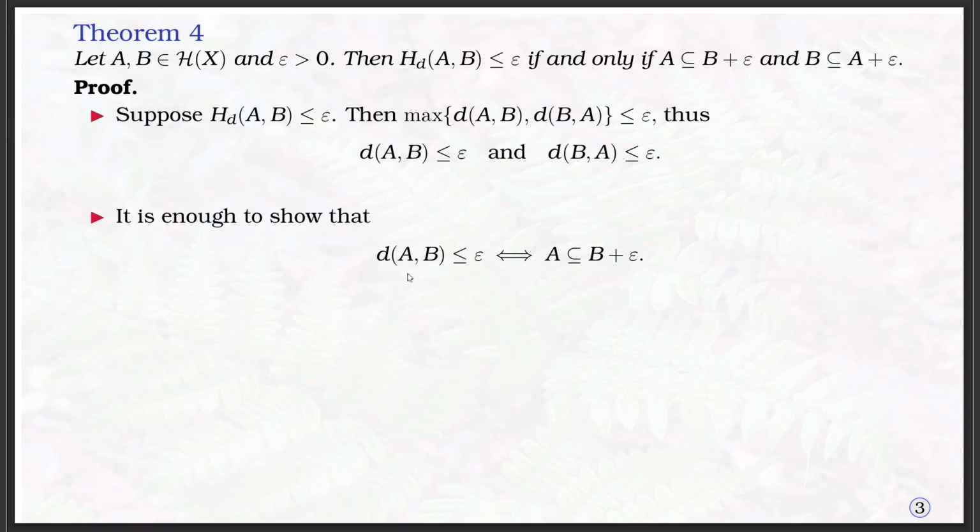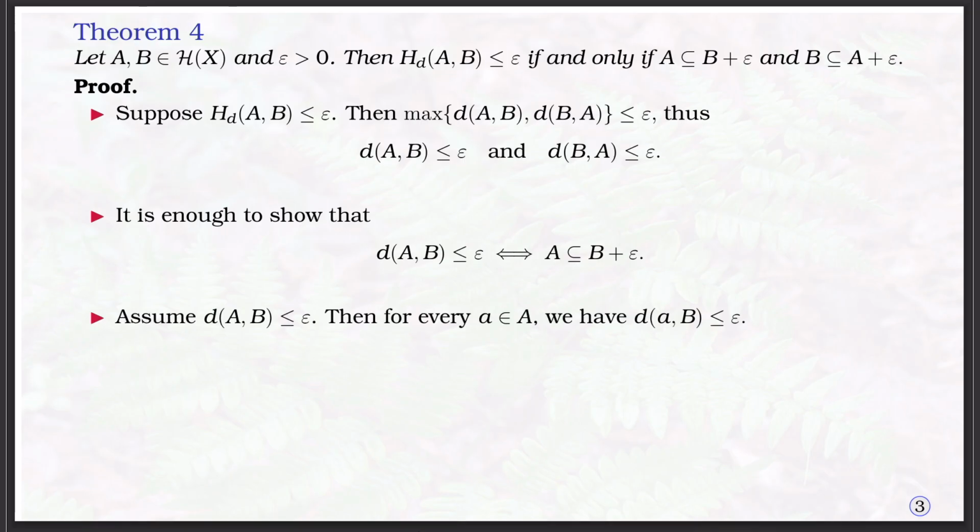If you prove that d(A, B) is less than or equal to epsilon if and only if A is contained in B plus epsilon, so assume that d(A, B) is less than epsilon, assuming this part, and we are proving this one, then we will come to this part.